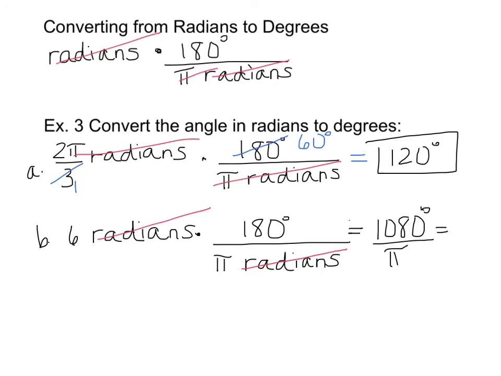After you put that in your calculator, that would be approximately 343.77 degrees. So be careful when you're just converting radians to degrees, not pi radians.